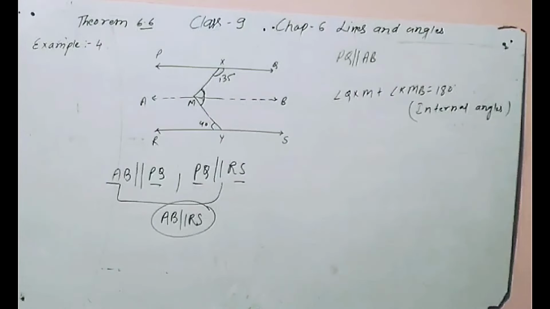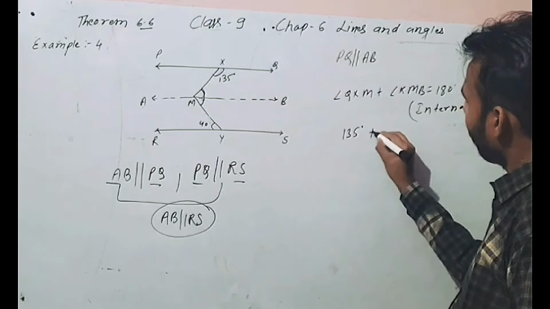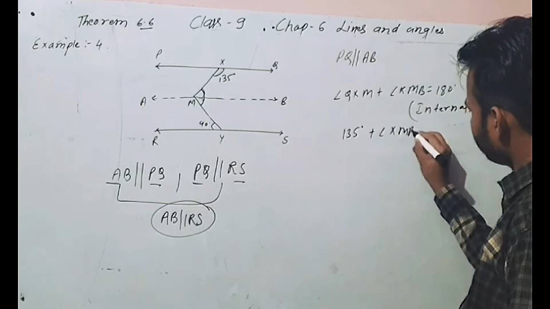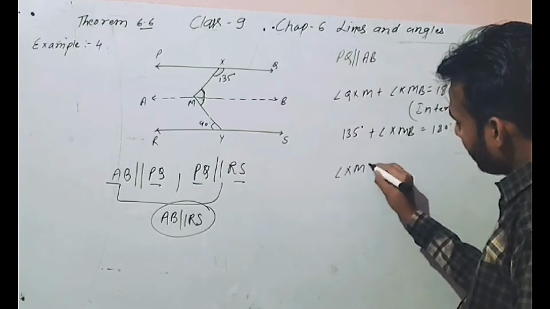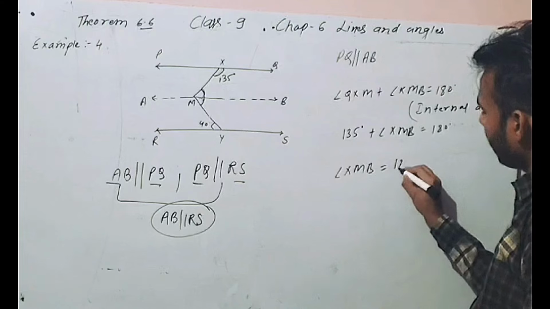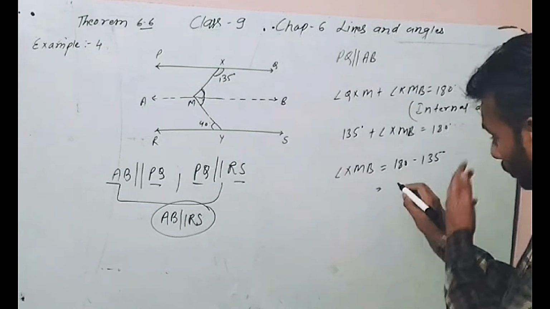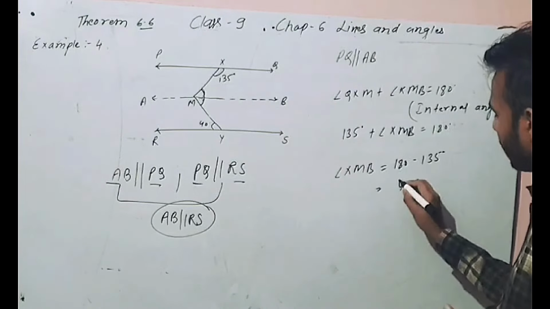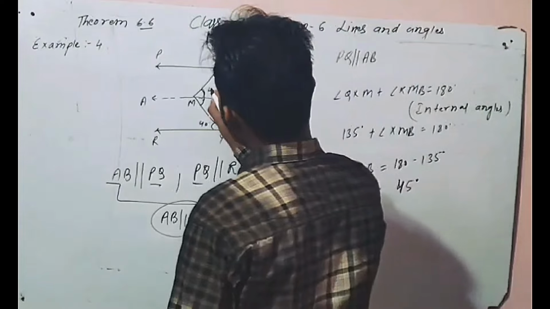One is 35, which is QXM. XMB we need to find. So angle XMB is 180 minus 135, that will be 45. So we got XMB as 45, and here I can write 45.